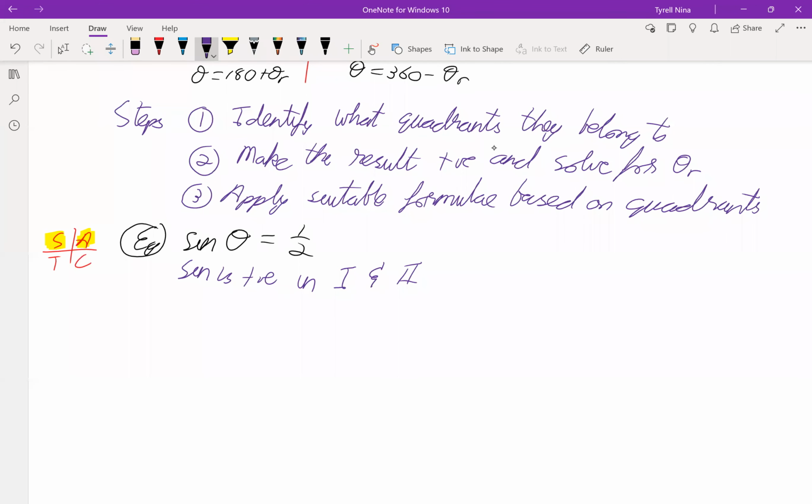Next, convert the result to positive and solve for theta r. Now in this case, it's already positive. So sine of theta r is a half. Theta r is sine inverse of a half, which is 30 degrees.